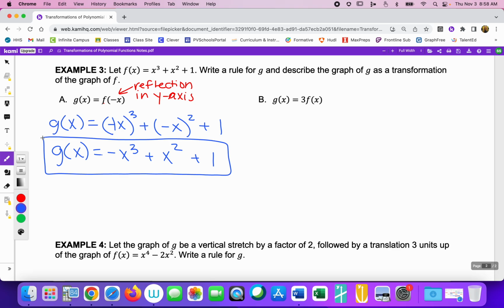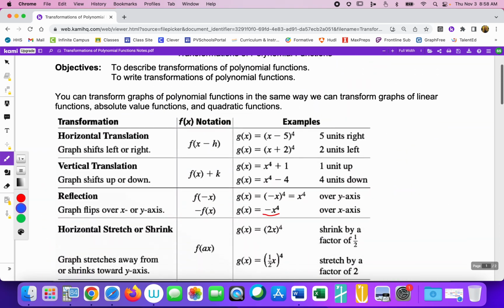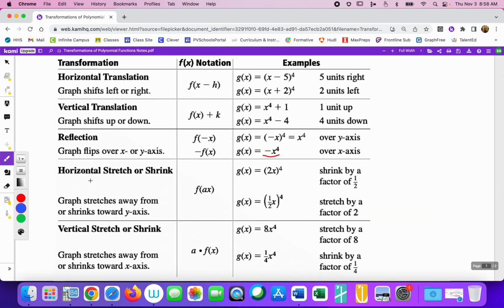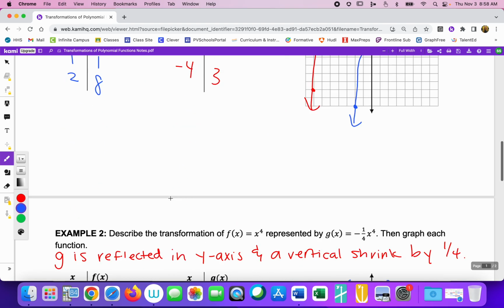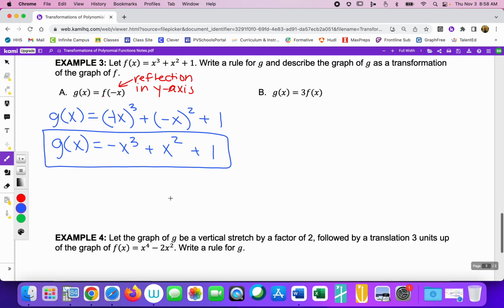Now for B, it's saying g of x is 3 times f of x. So what's happening with that function? If you go back to your table, is that 3 within the parentheses or no? No. Okay, which means that would be a vertical stretch. Okay, so it's outside. So it's kind of a magnification of it.